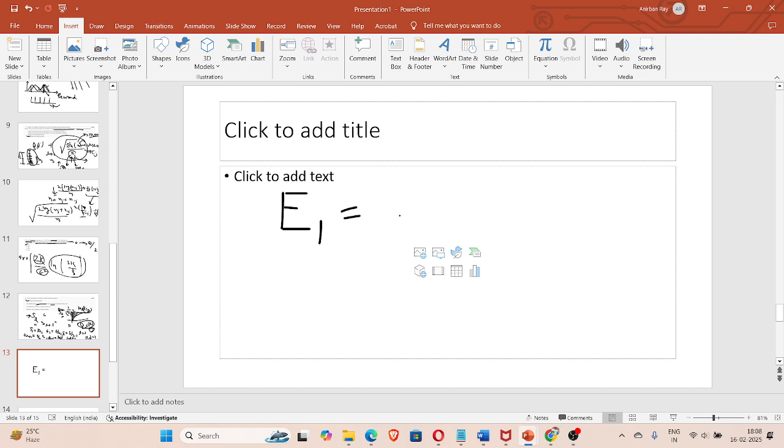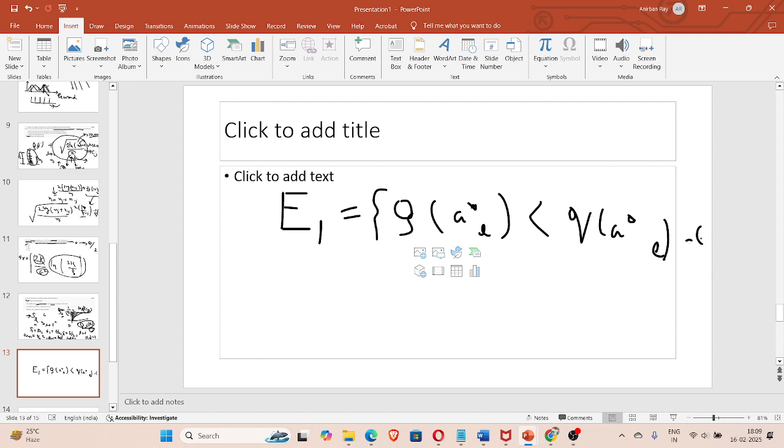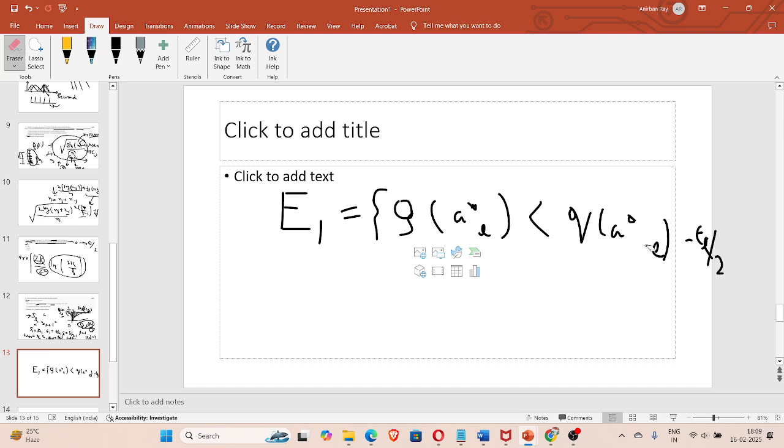So event 1, E1, represents that Q is the reward function, and epsilon_L by 2 you can write. So this is one event.